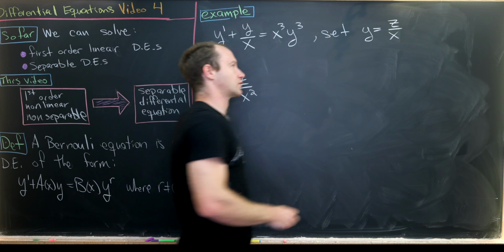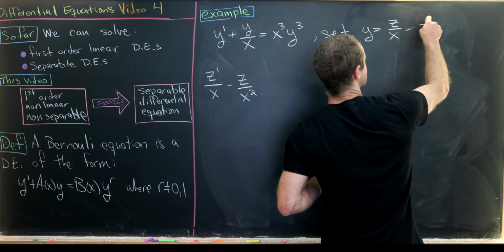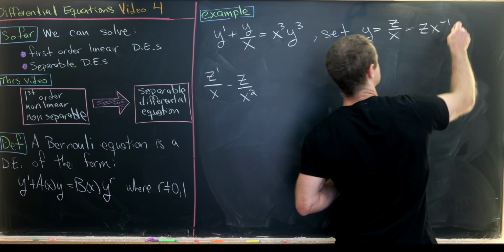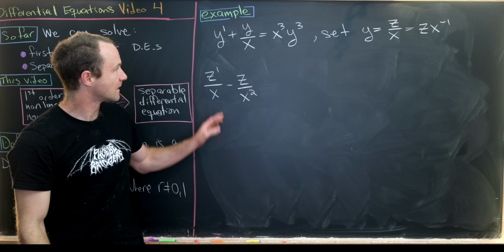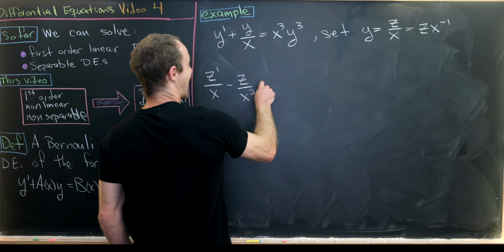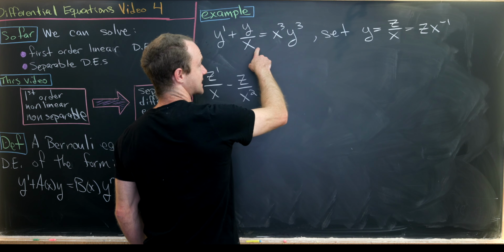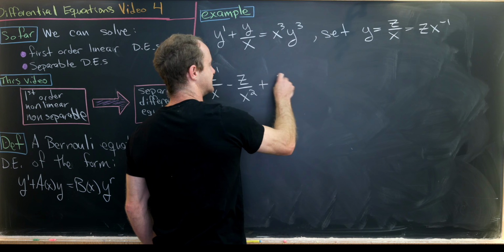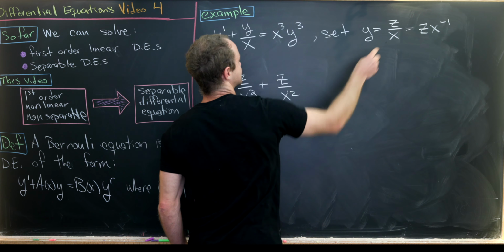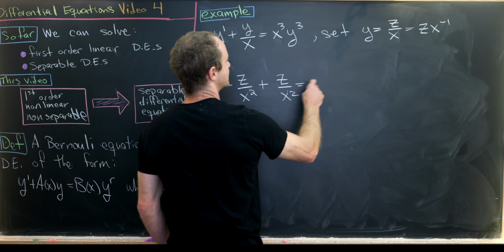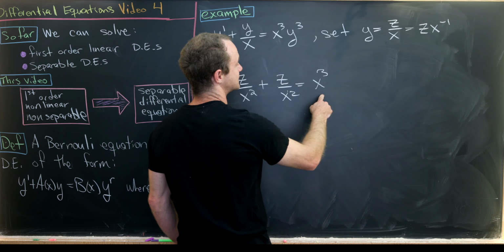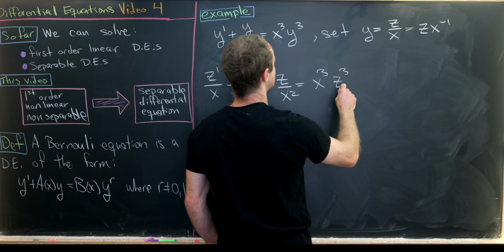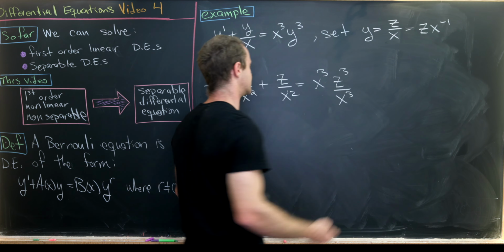That's using the product rule, thinking about this as z times x to the minus 1, if you will. Okay, and then we have this added to y over x, but notice y over x will be z over x squared by our substitution rule, and then this will be equal to x cubed times y cubed, but that'll give us z cubed over x cubed.